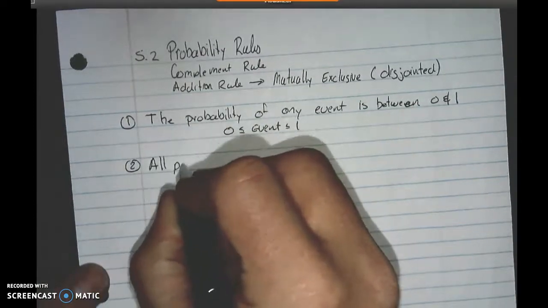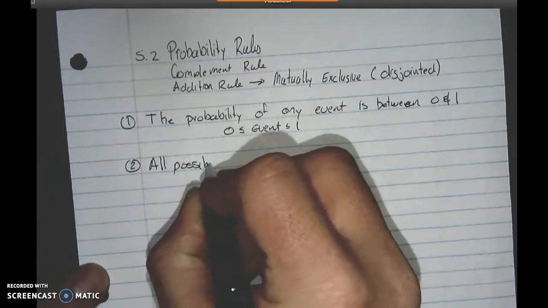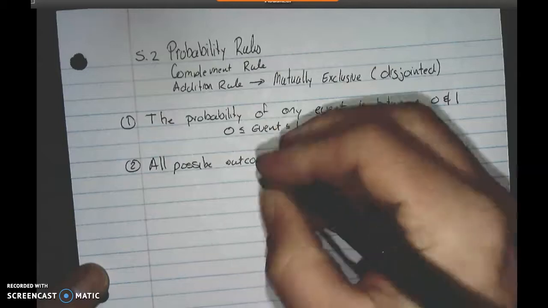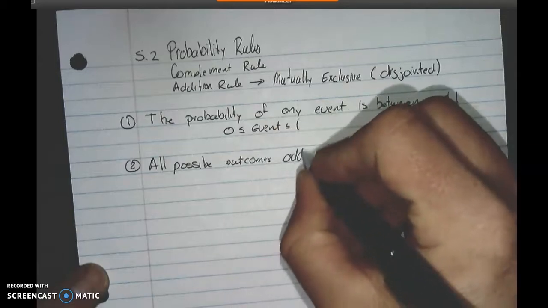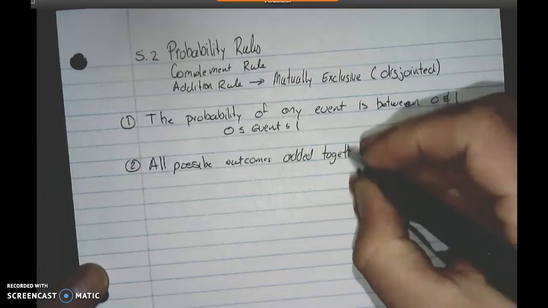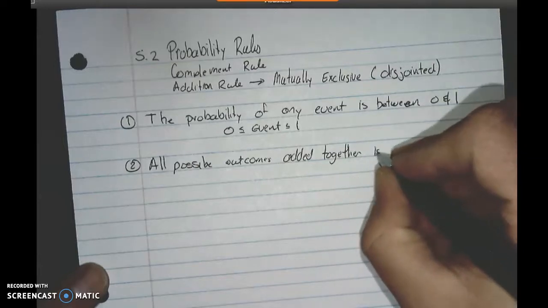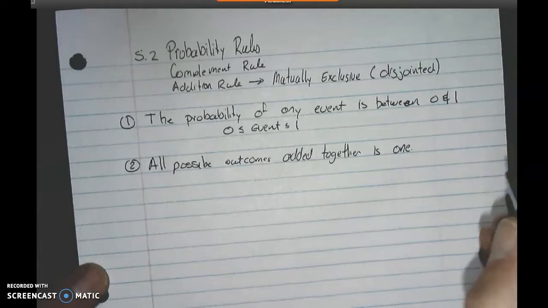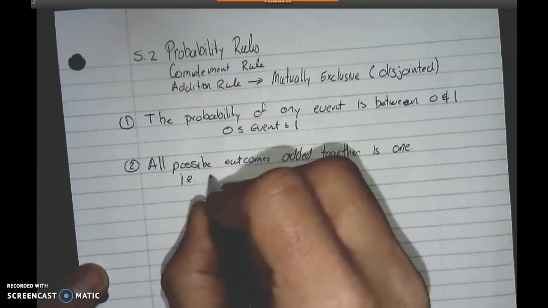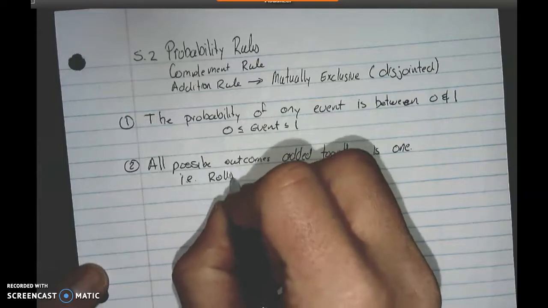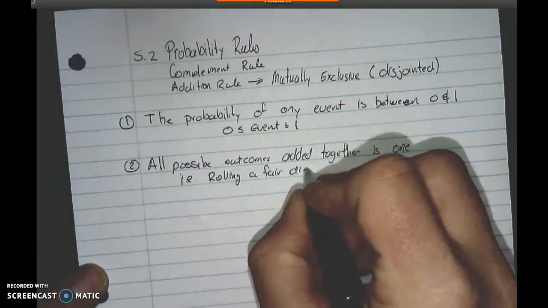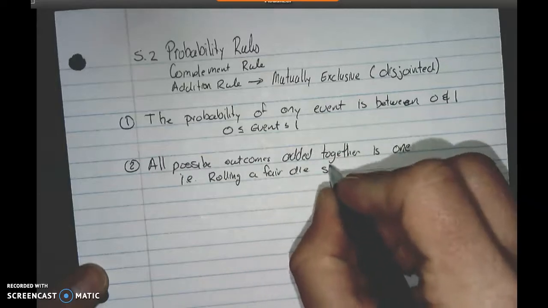Number 2, all possible outcomes added together is 1. Okay? So just easy peasy. So rolling a fair die, let's make it 6-sided.